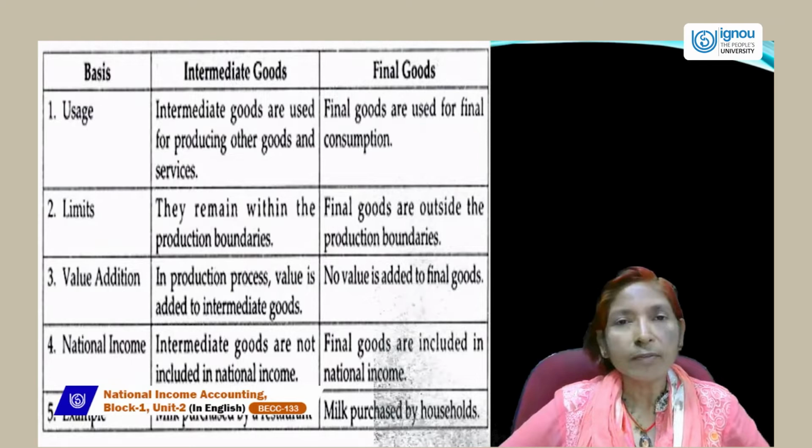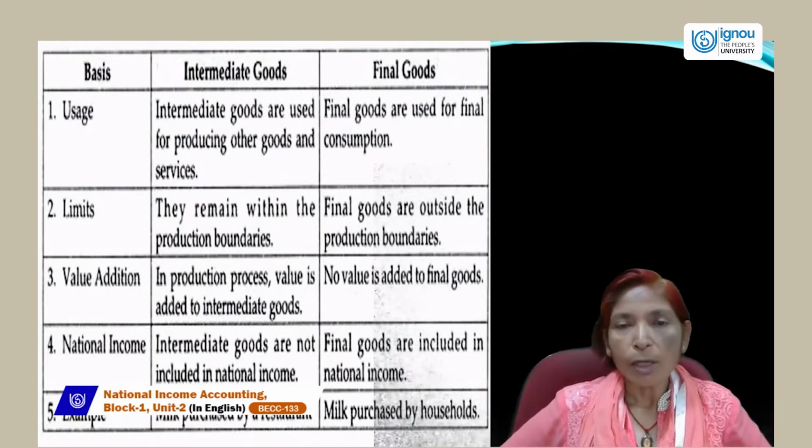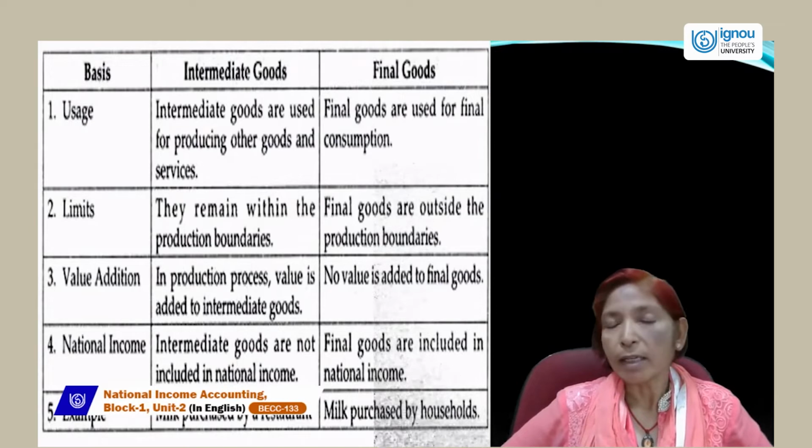Intermediate goods: in the production process, value is added to intermediate goods, but no value is added in the case of final goods. Wheat is a raw material. If we are making chapati, then chapati is a final good.